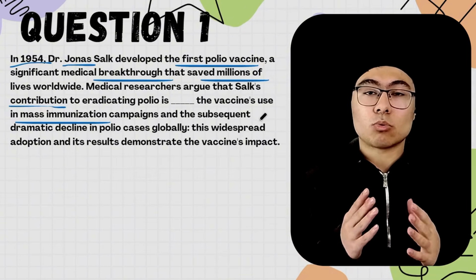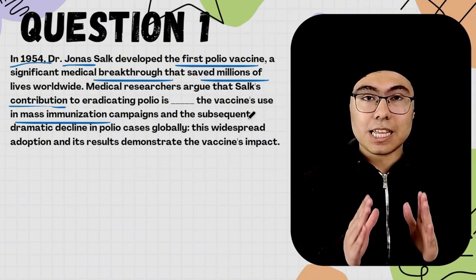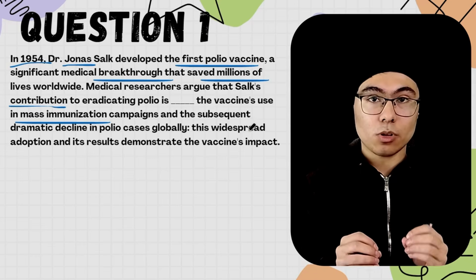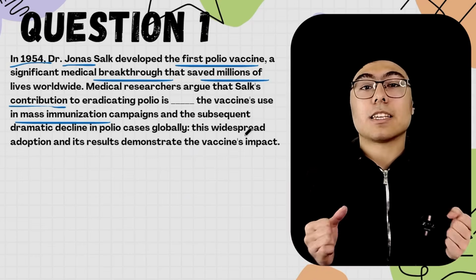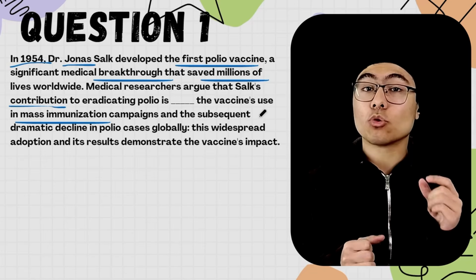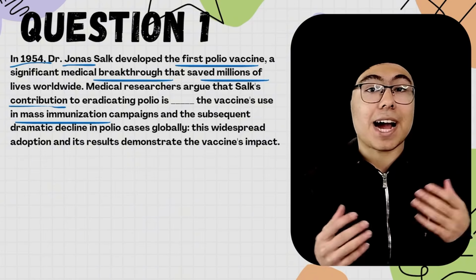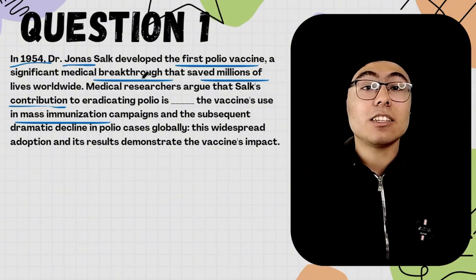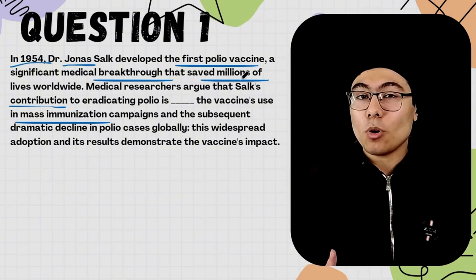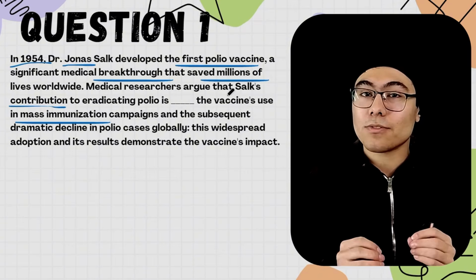So the answer is right in front of you. Step number 1 is thinking before you look. First, pause, take a deep breath. What's the passage really saying? Jonas Salk made a vaccine. That vaccine didn't just help. It wiped polio off the map in most of the world.